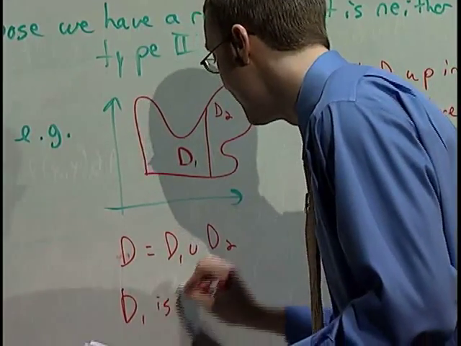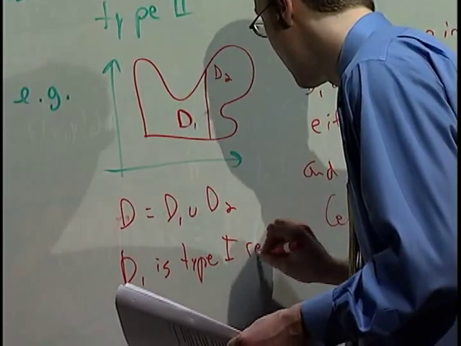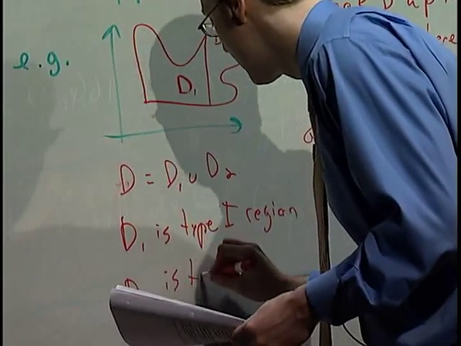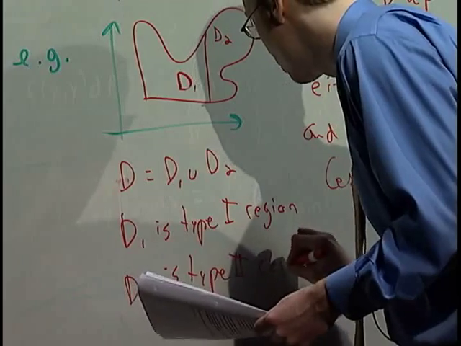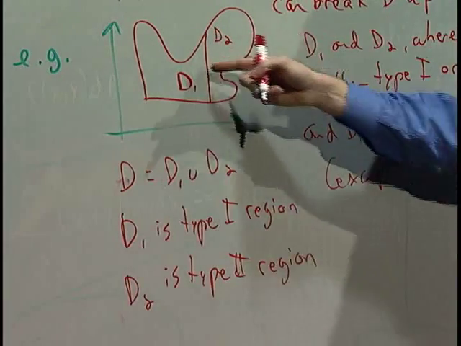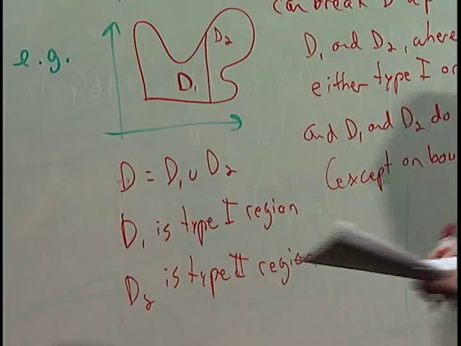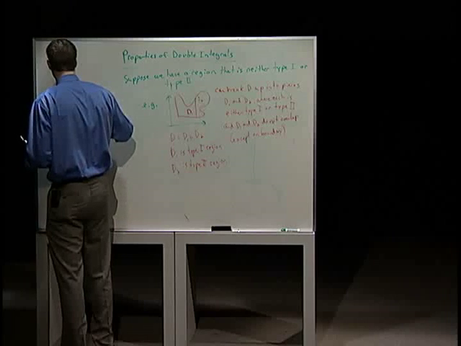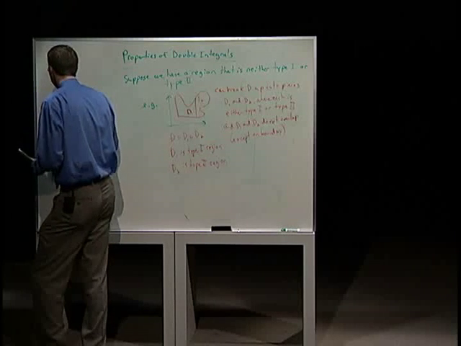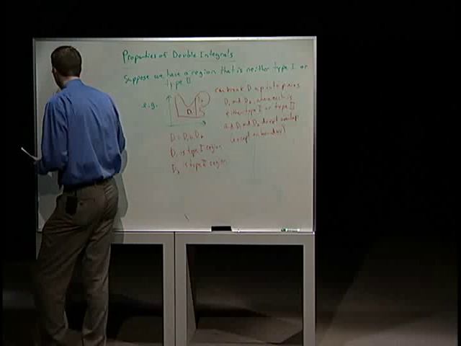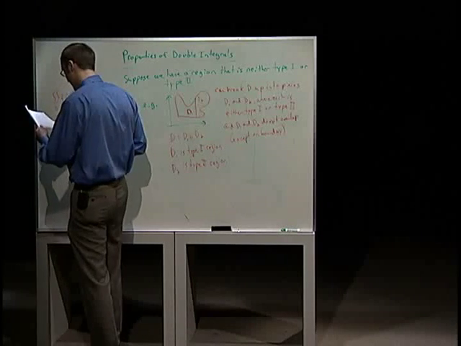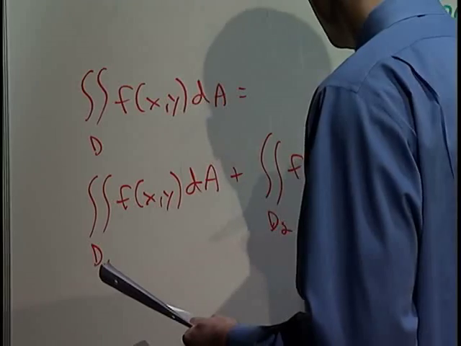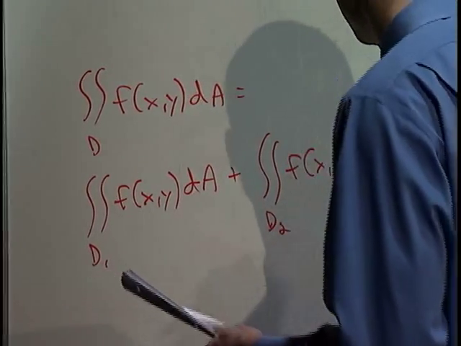And D1 is a type 1 region, bounded on the top and bottom by x functions, and D2 is a type 2 region, bounded on the sides by functions of y. So it should come as no surprise that the double integral over D is the double integral over D1, using dA, plus the double integral over D2.